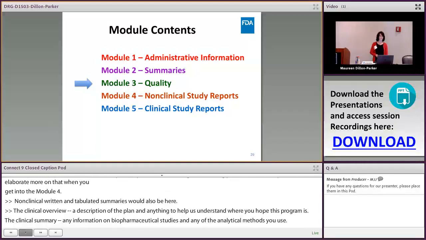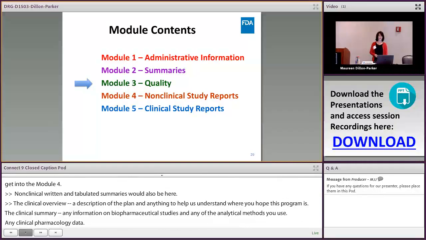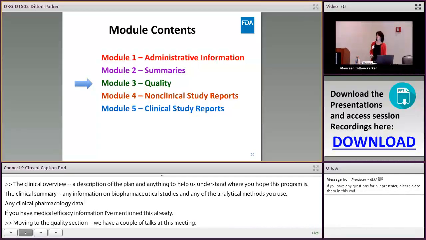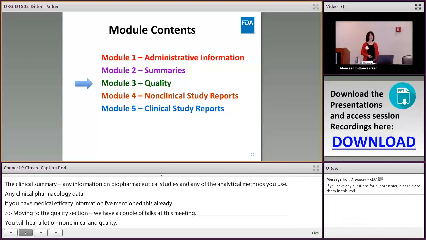Then moving into the quality section, we actually have a couple of talks at this meeting. You'll hear a lot on non-clinical, and you'll hear a lot on the quality section. So, I encourage you to attend those sessions where you'll learn really in depth what a lot of the information in these sections will be.